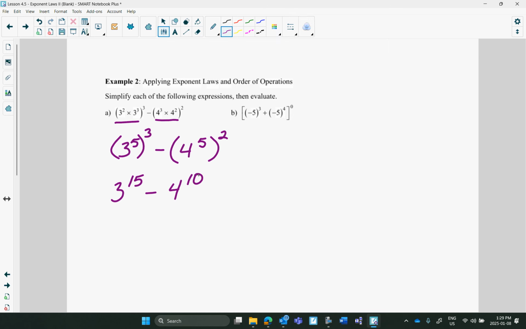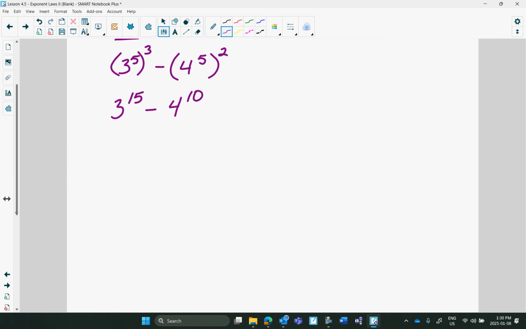You should be familiar with how to use your calculator. These are going to give you a couple of big numbers, and then we have to subtract them. So this is going to give you 14,348,907. 3 to the power 15?